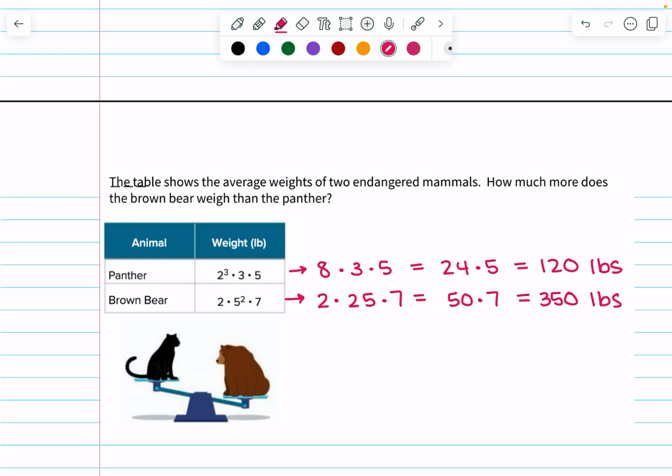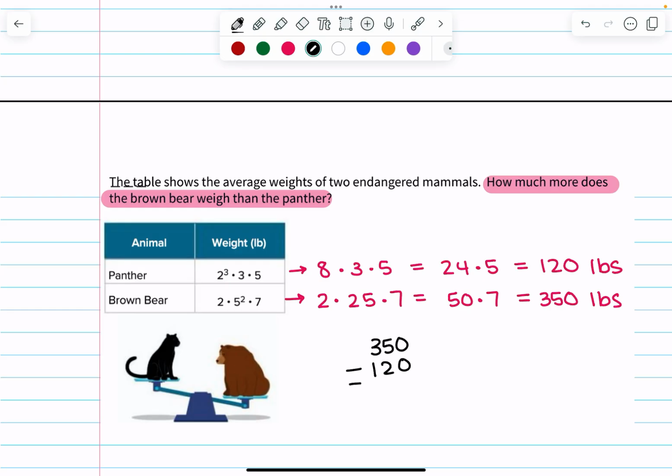The question is asking me, how much more does the brown bear weigh than the panther? So what I need to do here is I need to do 350 minus 120, which would be 230.